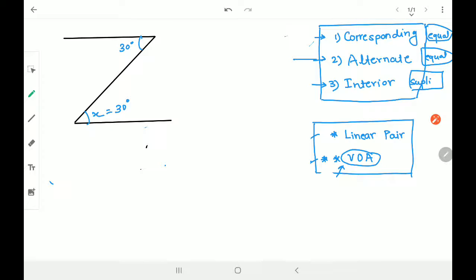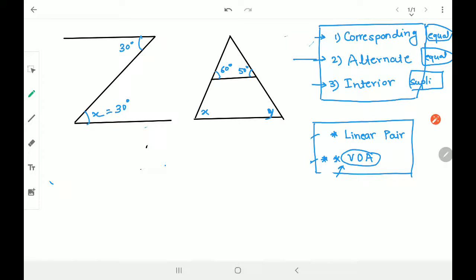Let's take another example. Now imagine this angle is 60 degrees and this angle is 50 degrees. You have to find x and y.